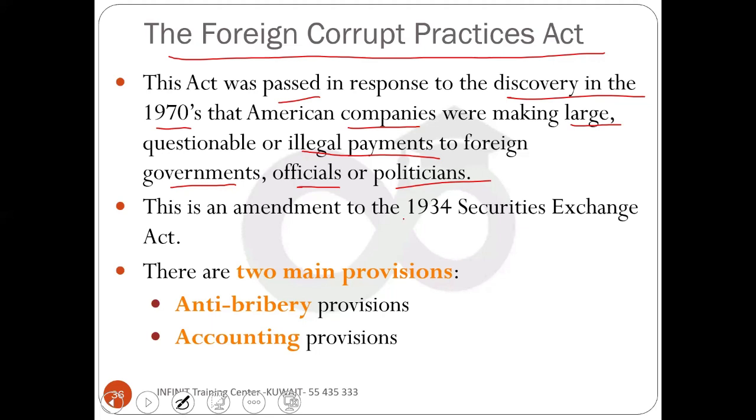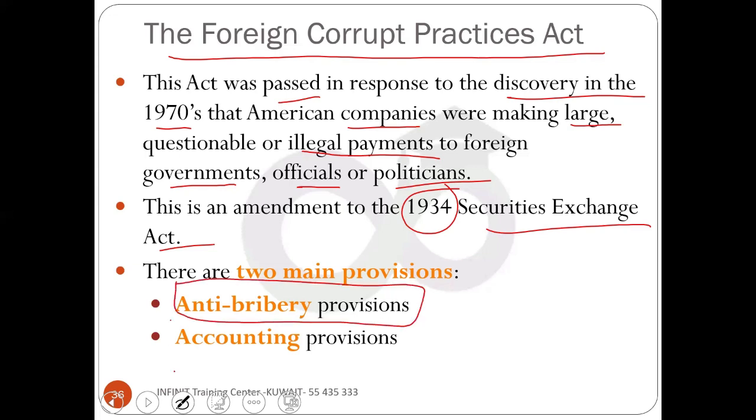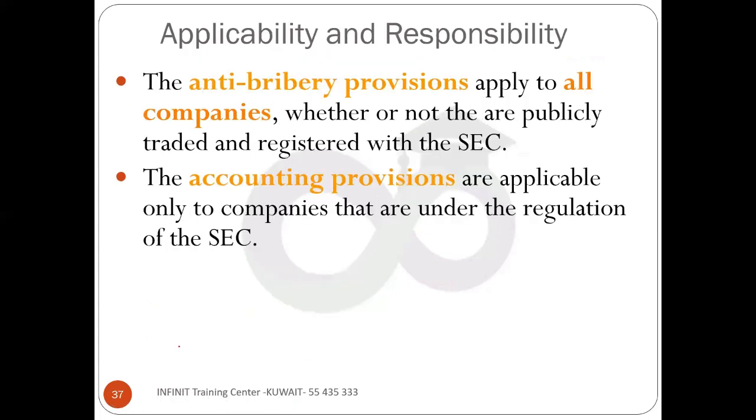This is an amendment of the 1934 SEC Act. And in the FCPA, there are two main provisions: one is anti-bribery provisions, the other is accounting provisions. What does the anti-bribery provision stipulate? Anti-bribery provisions apply to all companies in the US, whether or not they are public companies.